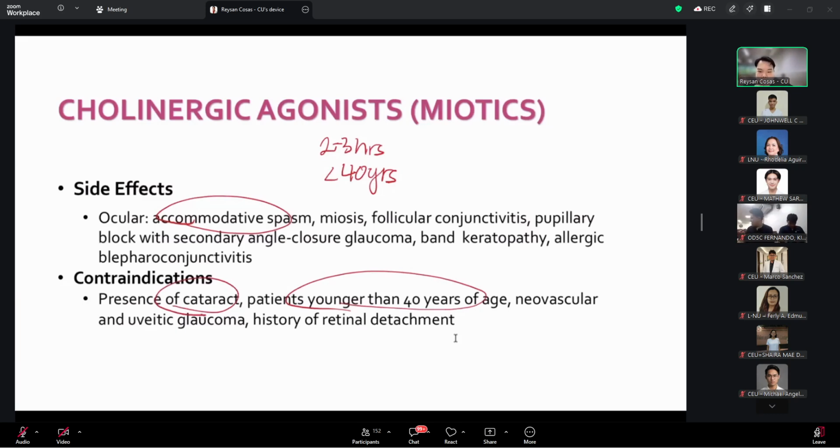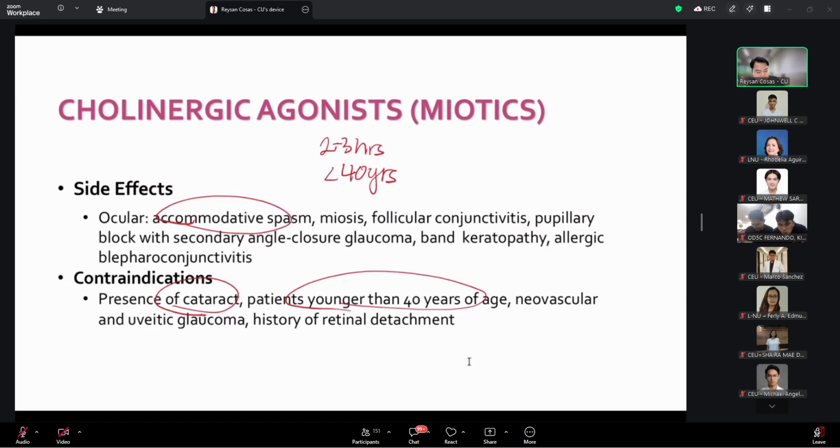It can produce drug-induced pupillary constriction, which can visually incapacitate patients with cataract. At some point, it could also accelerate the formation of lens opacities in patients with cataract.